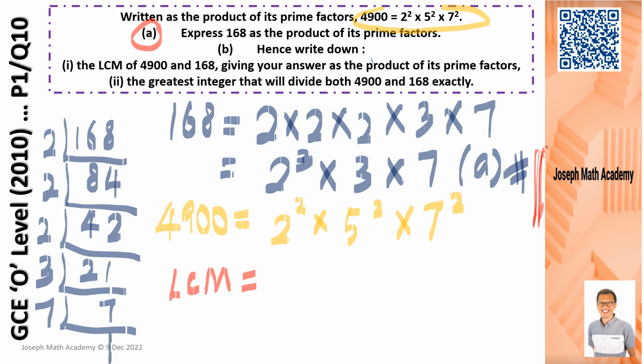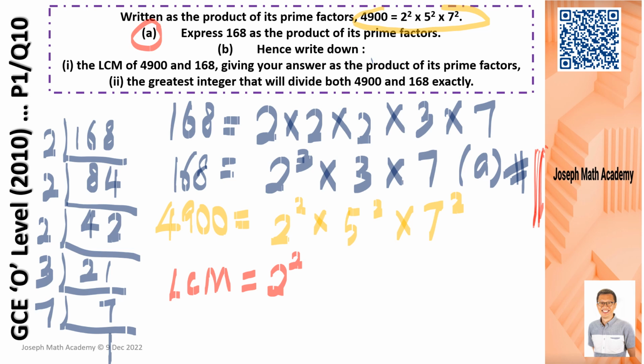Now 168 has 2 appearing 3 times, but 4,900 has only 2 appearing twice. So the one that is common is 2 appearing twice only. We have to follow the one that is common.